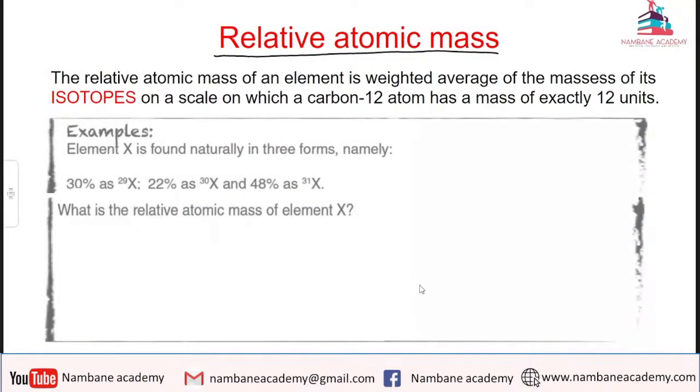The relative atomic mass of an element is the weighted average of the masses of its isotopes. So one will ask, what is an isotope?